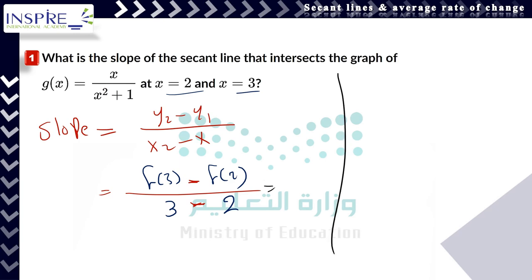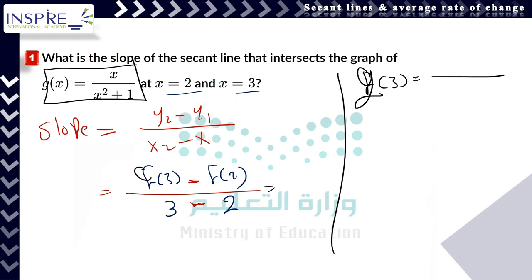Okay, we will make our draft. We will get g of 3. We will plug in 3 in our function. Sorry, this is g of 3. We will plug in 3, so it will be 3 over 3 power 2 plus 1, which is equal to 3 over 10.